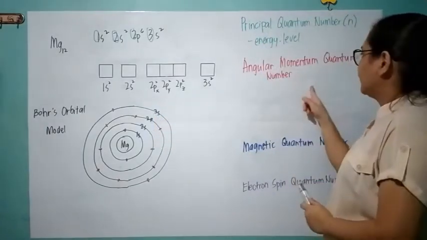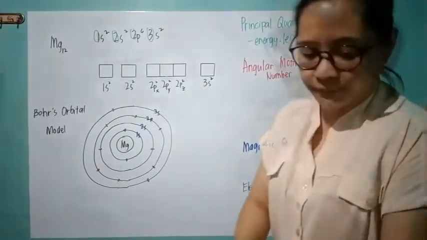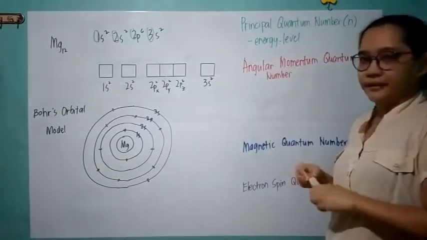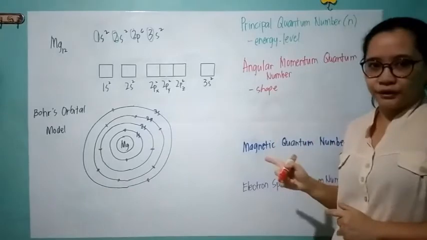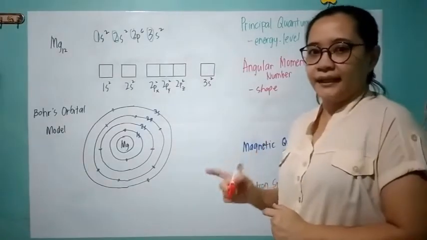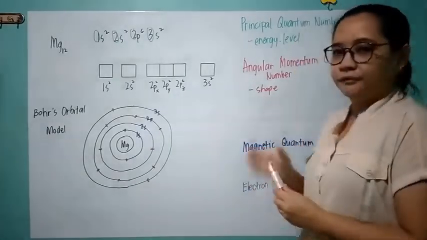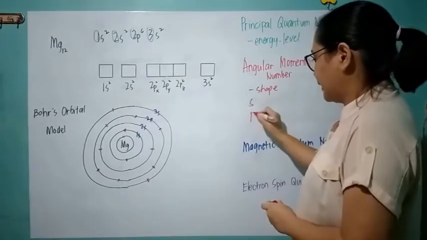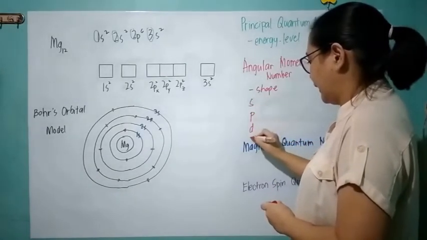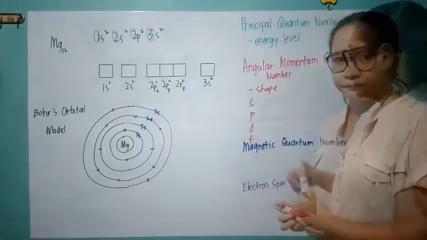Next, angular momentum quantum number. This describes the shape of the region where you can find the electron. This has 4 regions: s, p, d, and f.